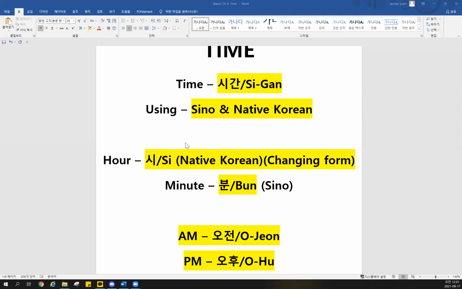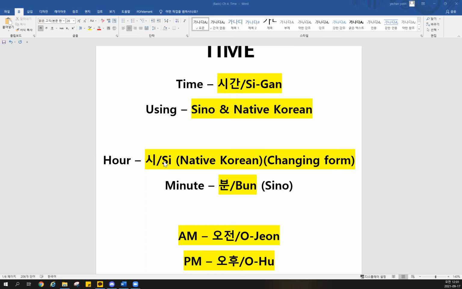We were learning before, but with the changing form, guys. We also learned about the changing form before, like 하나 was changed to 한, 둘 was changed to 두, something like this, right? So please don't forget about this one. So our counting word is gonna be the 시, and you can read with the native Korean.